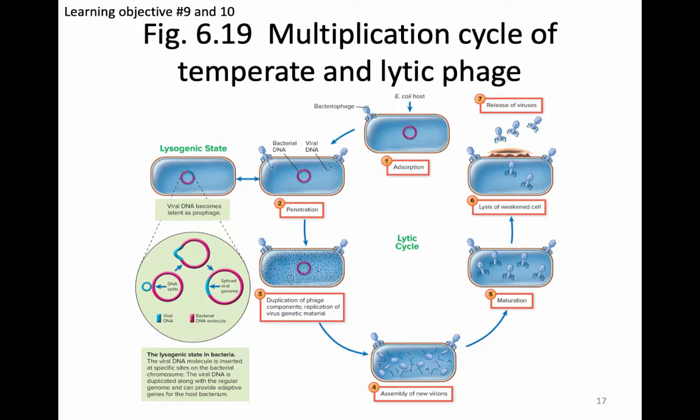So in the image of the cell in a lysogenic state, the blue region is viral DNA and the pink region is the bacterial DNA. So they have been combined into one piece.